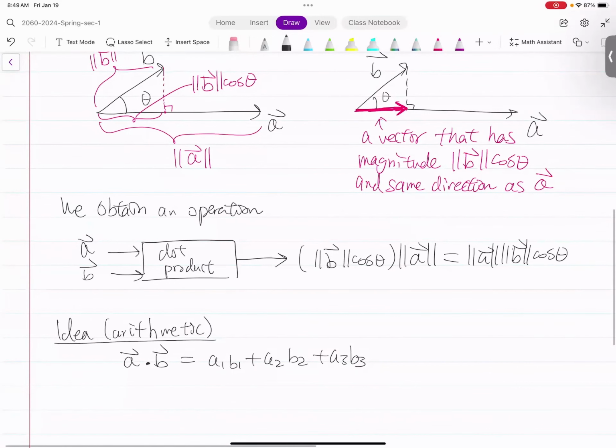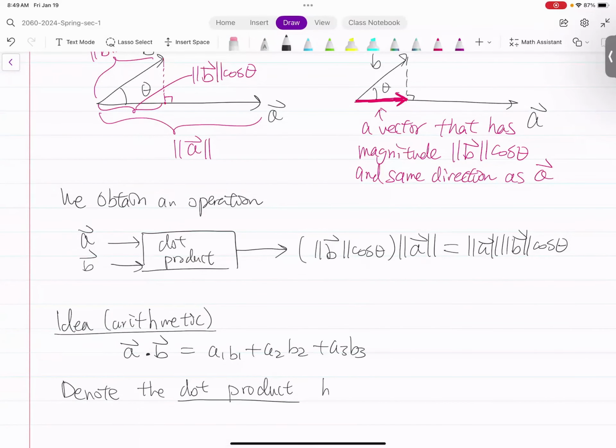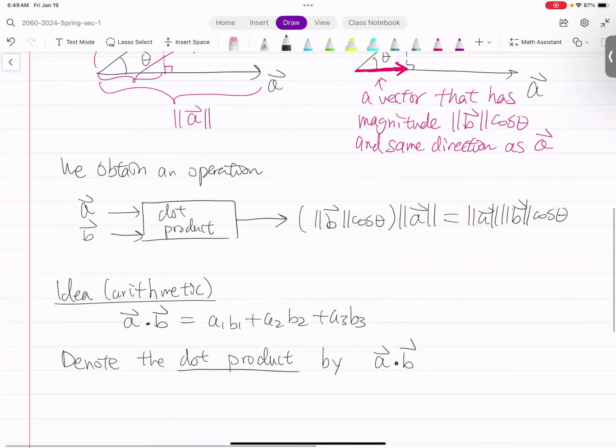So here, let's do some formal definition. So denote the dot product. We have written the notation twice, right, at the beginning and right above. The notation is A dot B, a solid dot. And the definition we're going to stick to is, excuse me, the geometric definition.